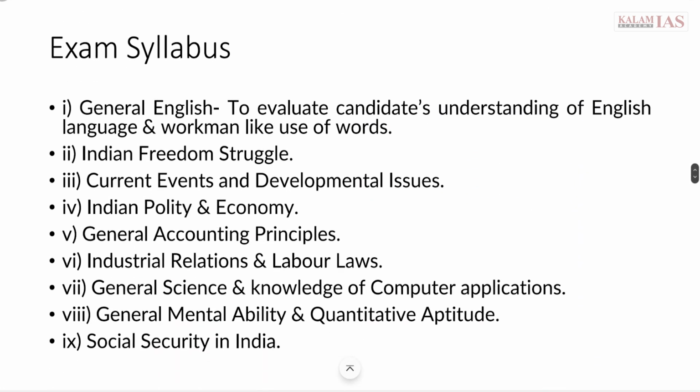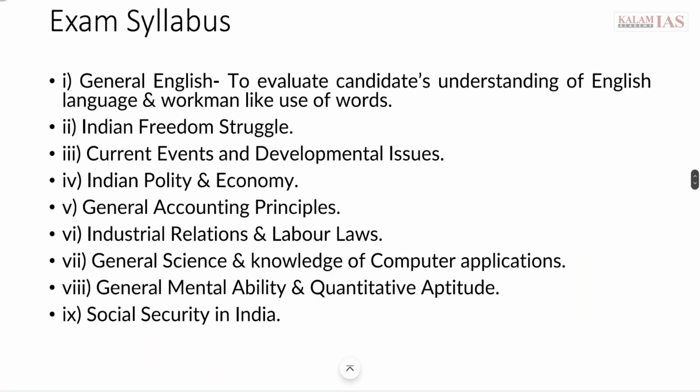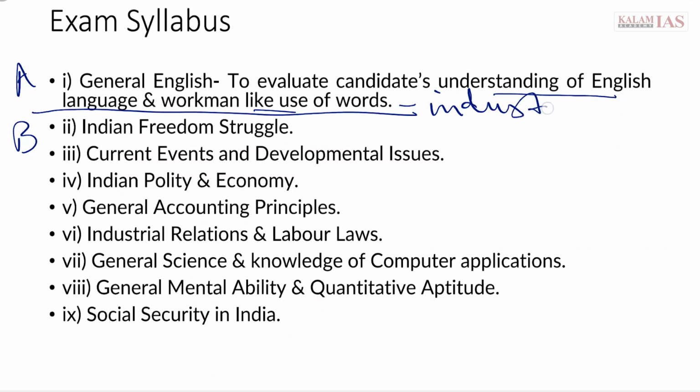The exam syllabus has two parts, part A and part B. This is for the EO/AO exam only. First is general English, which is to evaluate candidates' understanding of the English language and workmanlike use of words. Therefore, in the industrial standards, language employed has to be understood.